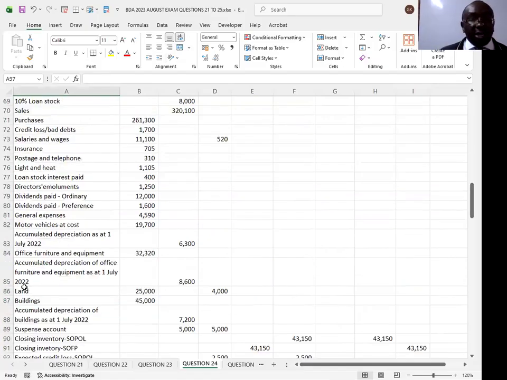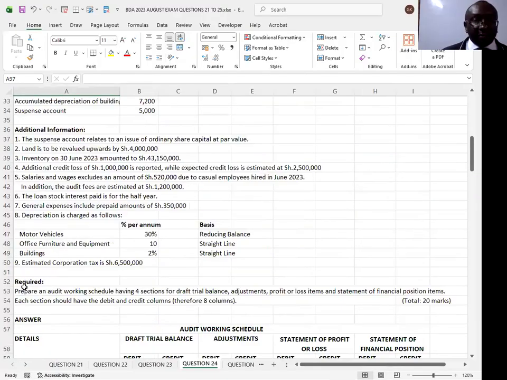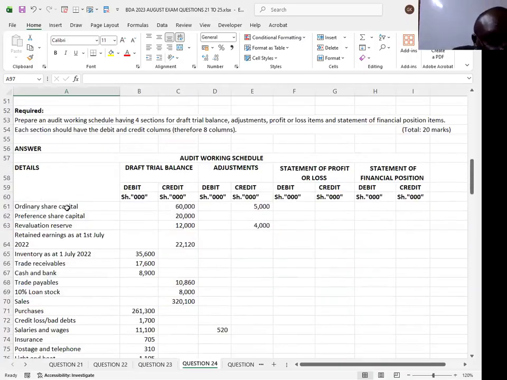Let's proceed and address the next item. The loan stock interest paid is for half the year. So tukibia tuangalia hiyo loan stock. Iko hapa. You see here there is loan stock. 10% loan stock. Yeah, 8,000.